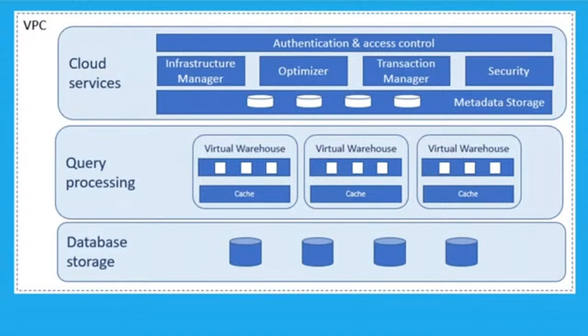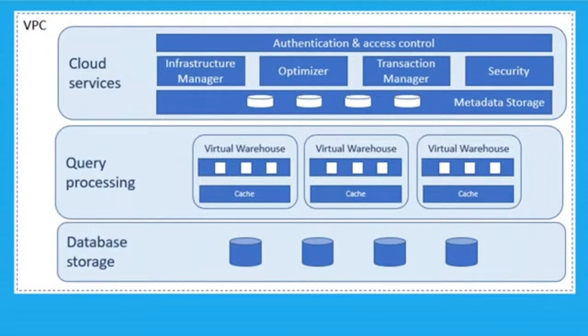In the query processing layer, virtual warehouses are the hardware component which processes the requests. In your traditional database or data warehouse, you have the CPUs, memories, and everything, right? Like that, this is also a virtual warehouse. A virtual warehouse is a hardware resource in your Snowflake.